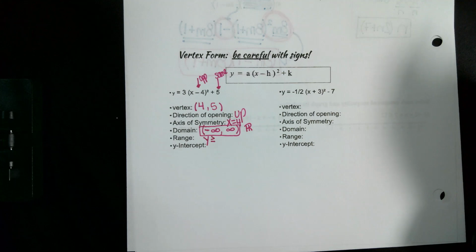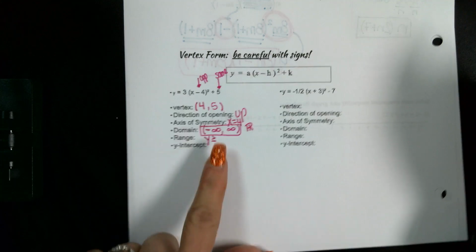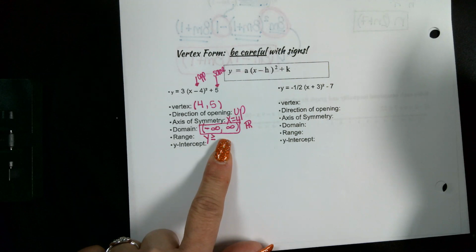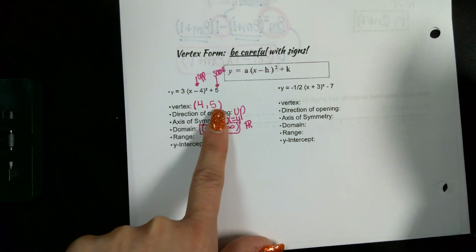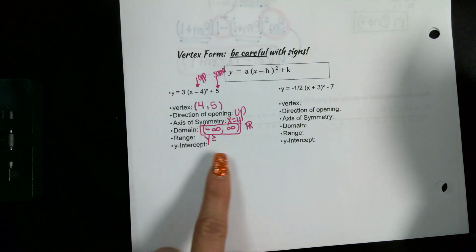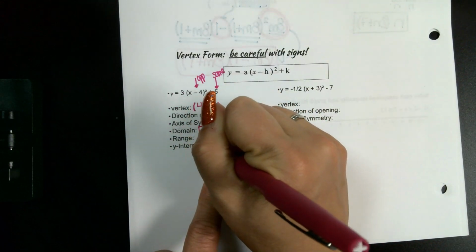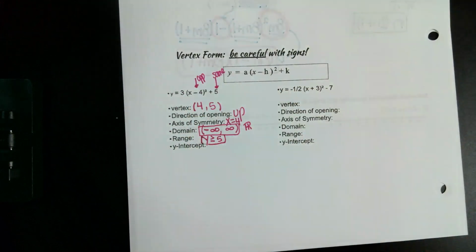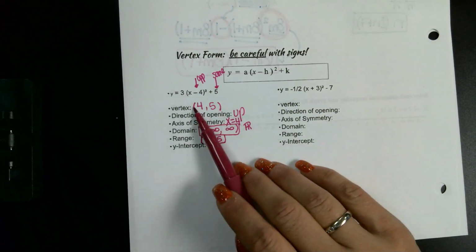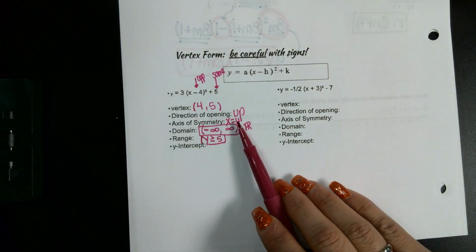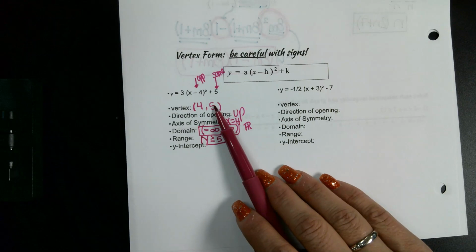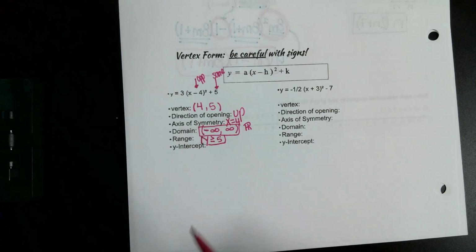And then what number goes here? The 5, because it comes from the vertex. The y-coordinate of your vertex is the number you put for the range. So yesterday we talked about how important that vertex is, because the x-coordinate is your axis of symmetry. The y-coordinate helps you with range, okay?